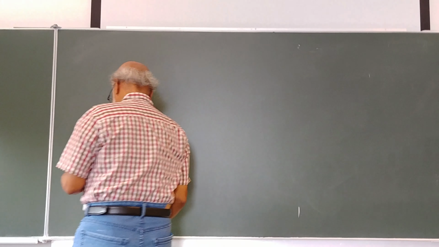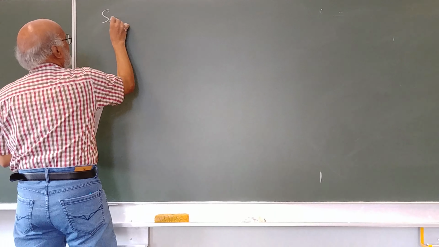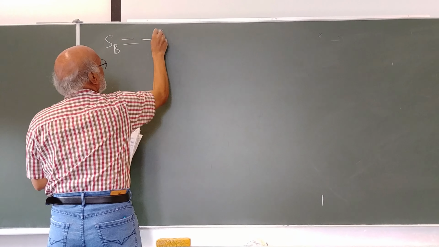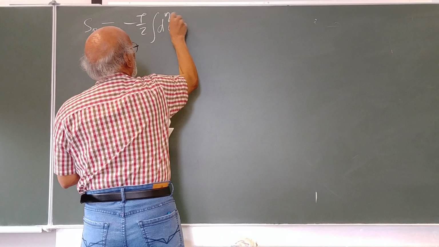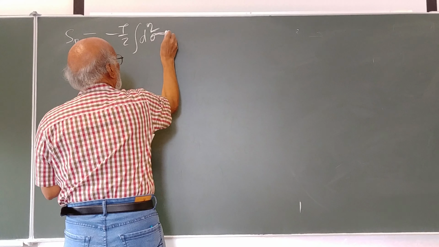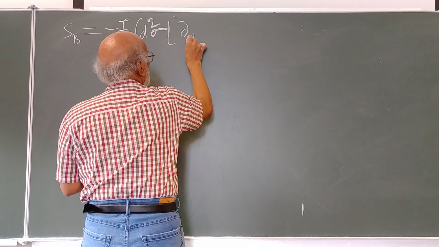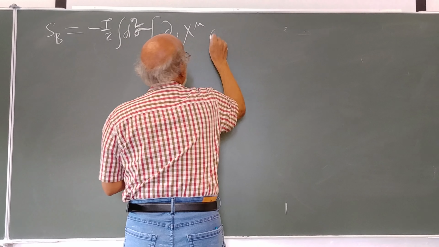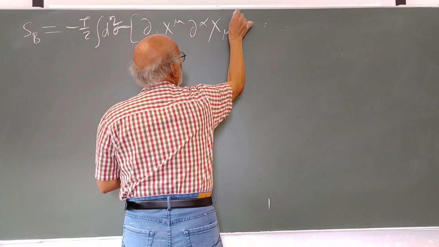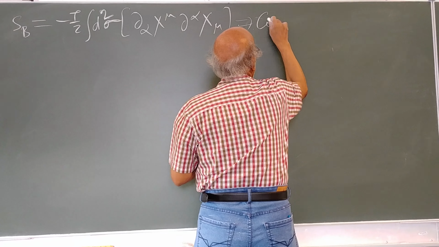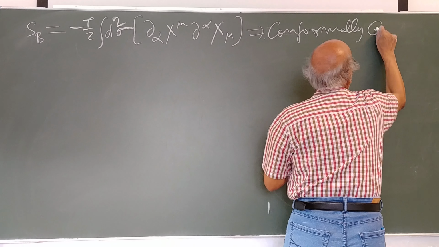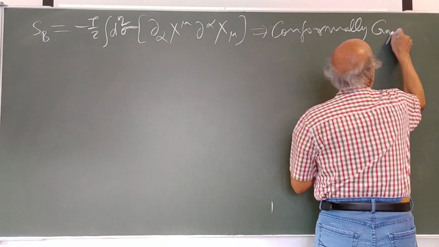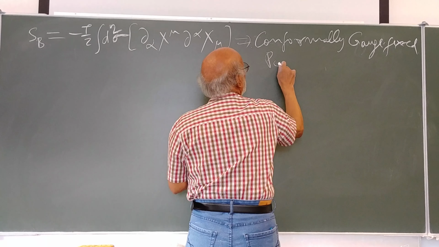Our theory is defined by the S_B part, which is minus T by 2 integral d2 sigma times del alpha x mu del alpha x mu.